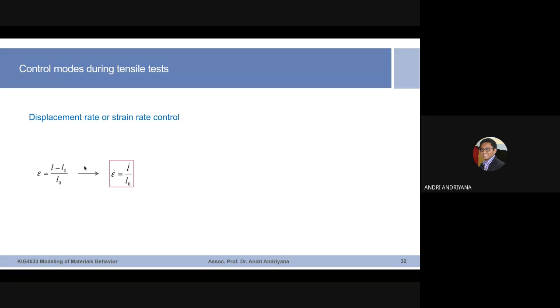So if you impose the displacement rate, L dot, the unit will be millimeter per minute, millimeter per second, it depends, but it is length over time. If we divide it by the initial length of your sample during the test, then you get the strain rate. So the unit of the strain rate is 1/second, for instance, or 1/minute. So we impose either constant displacement rate or constant strain rate, and then we observe what happens to the stress-strain curve of the material.